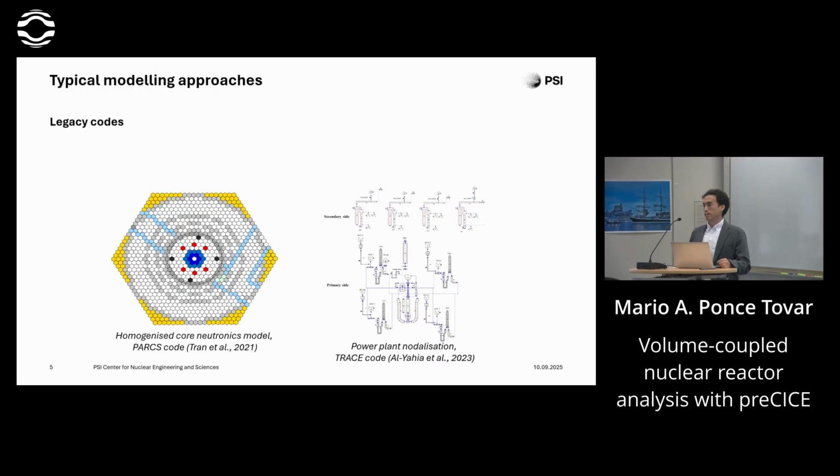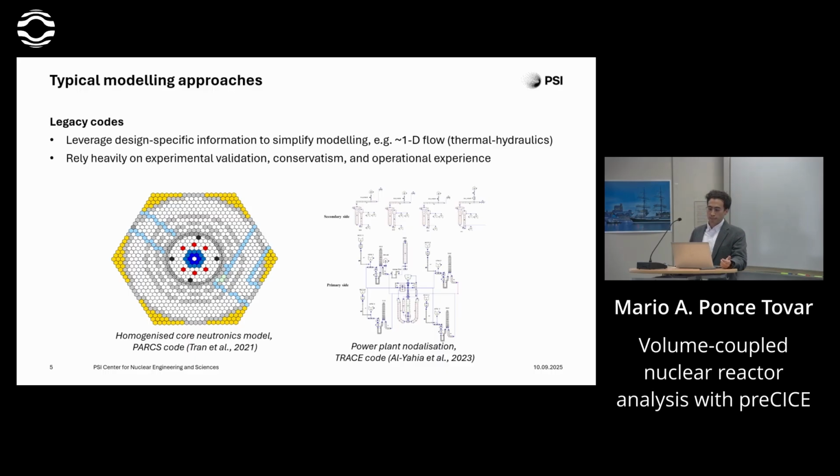And the way that this has been handled in the past, with what we call legacy codes, basically they make some conservative assumptions, or they leverage some design-specific information. So for instance, with conventional reactors, you can more or less treat the flow as being mostly one-dimensional, and this is the field that we call thermal hydraulics.